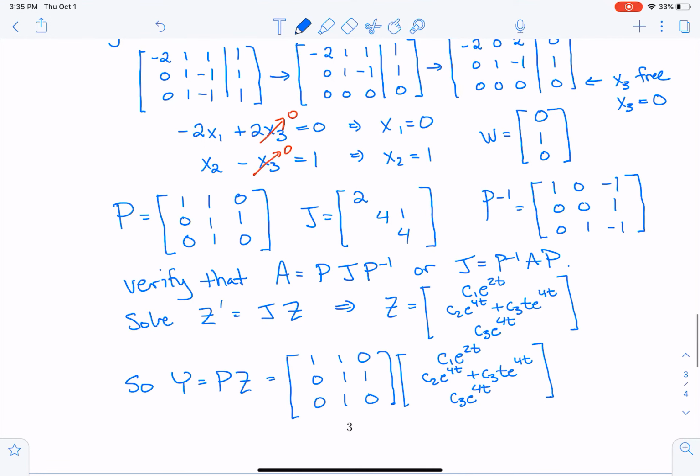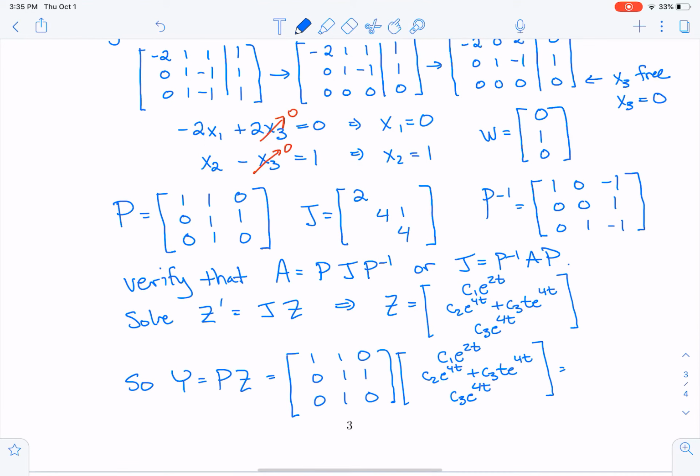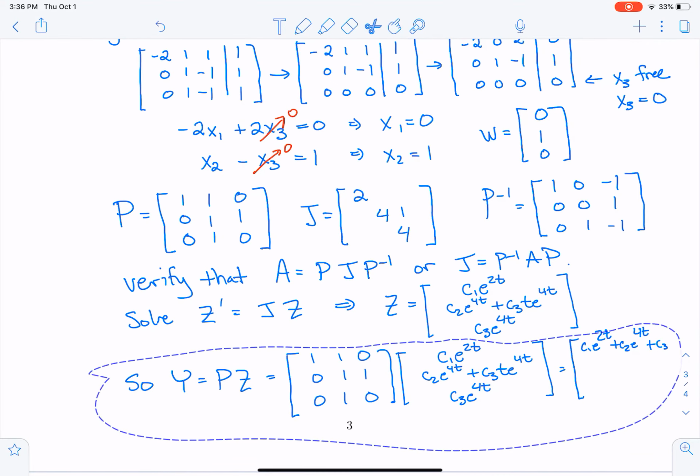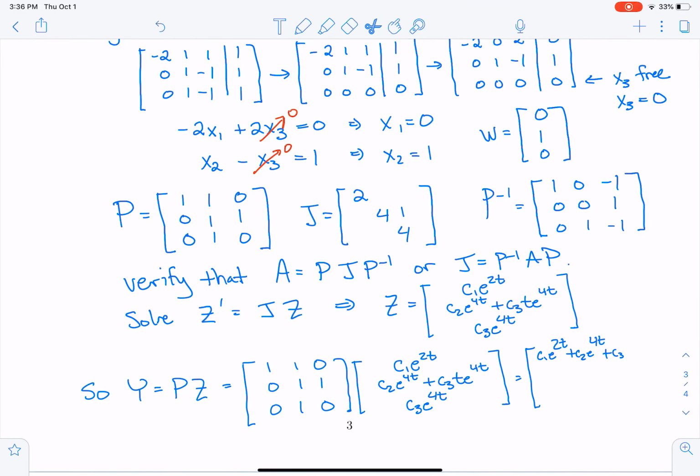And in fact, that will give us C1 e to the 2t plus C2 e to the 4t plus C3. I'm going to move this over real quick. So C3 times t minus 1 e to the 4t.